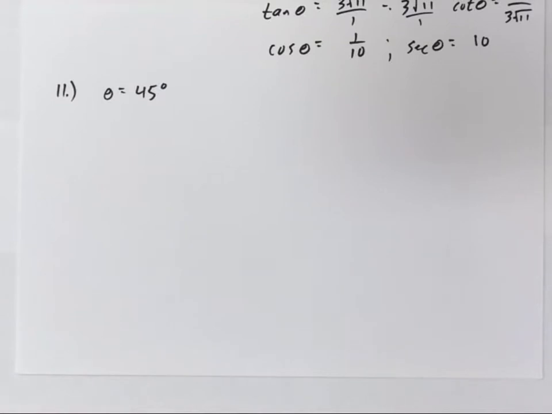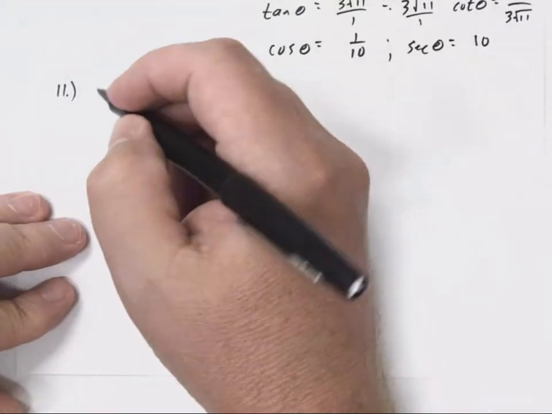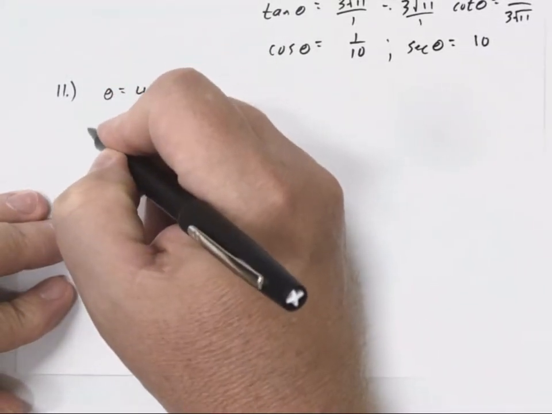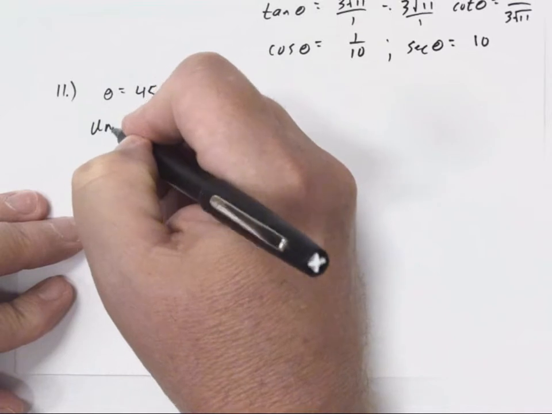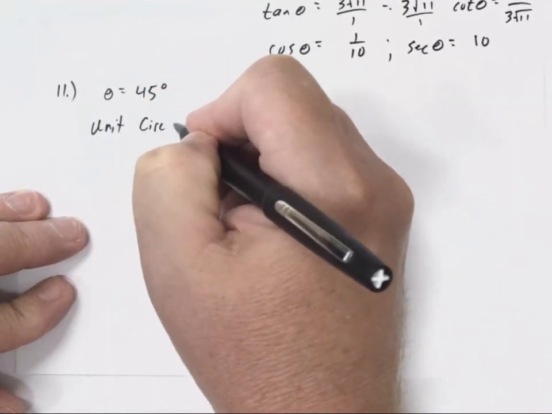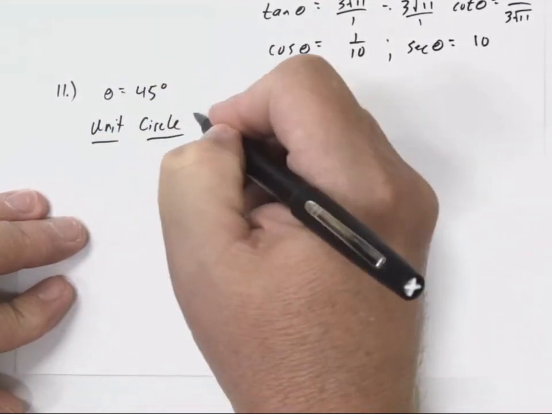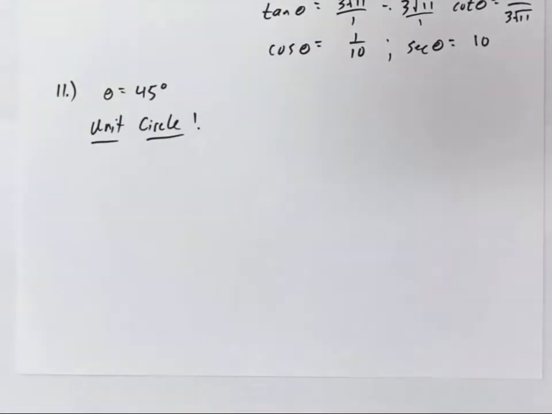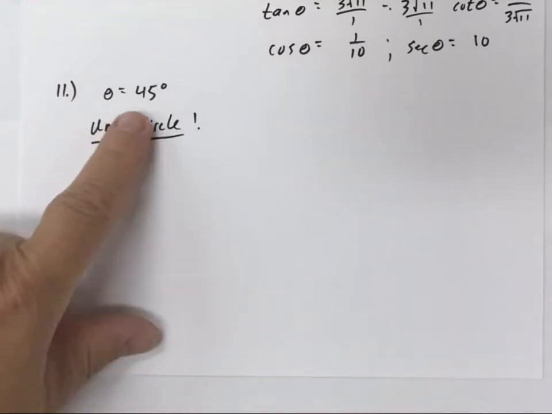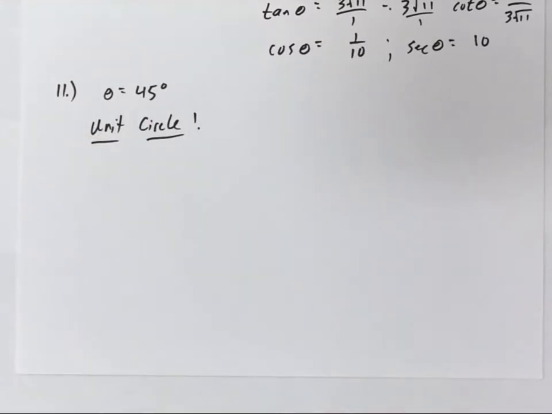Now for this test, you need to have memorized and know the unit circle. The unit circle gives us a quick and easy way to remember the trig functions of all the special angles. 45 degrees is one of our special angles.